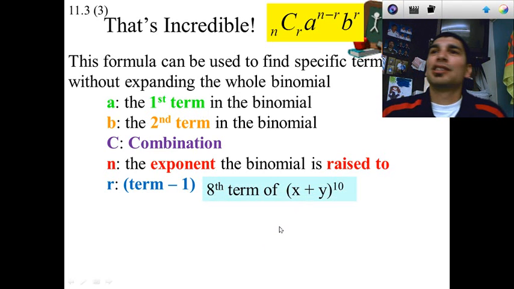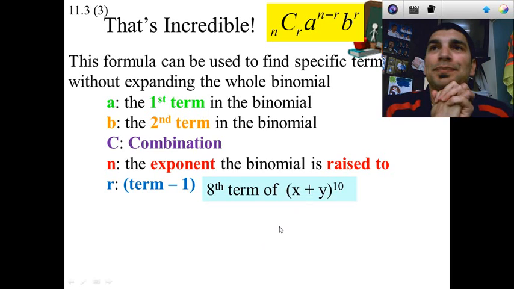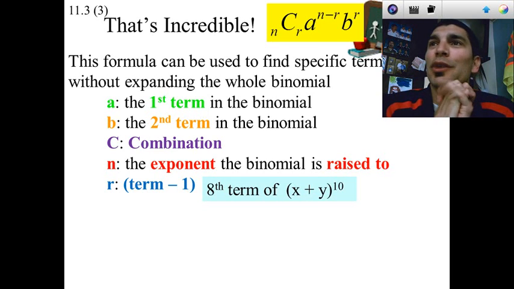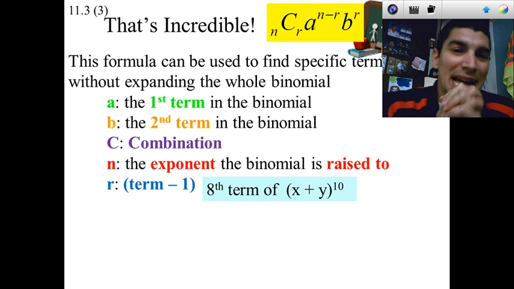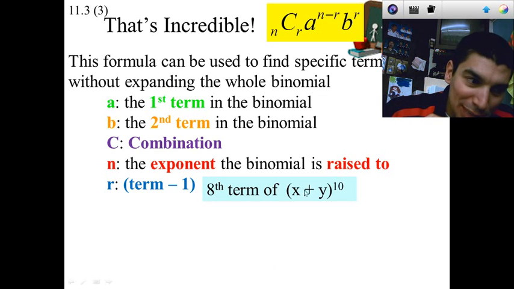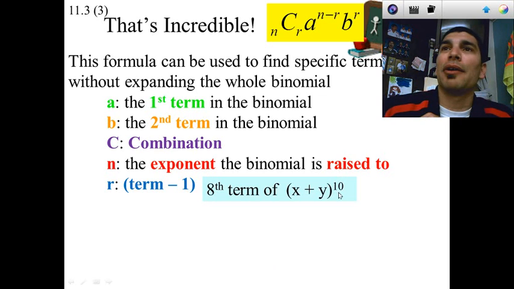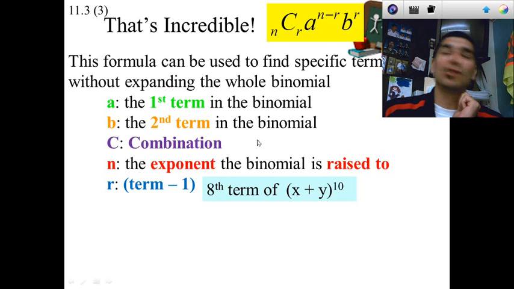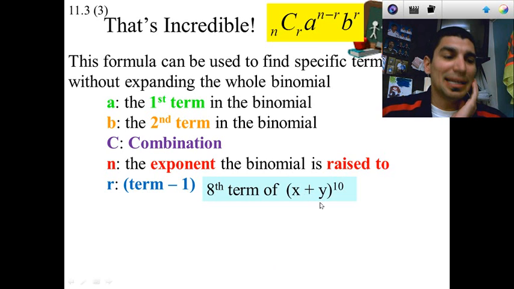Okay. So, for example, here's how it works. If I wanted you to find the 8th term of x plus y to the 10th power, I do not want you to use Pascal's triangle. I want you to use this formula. So let's see.